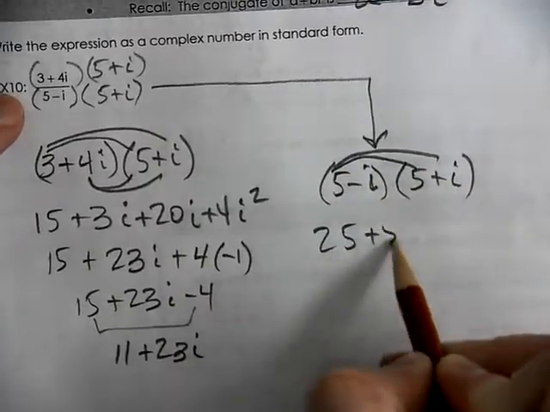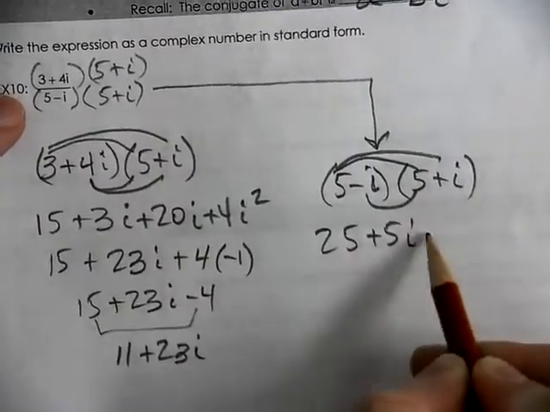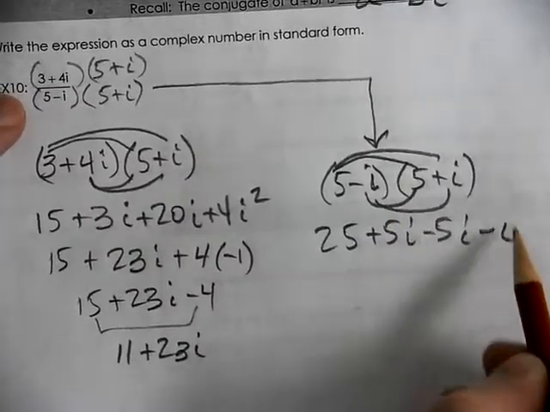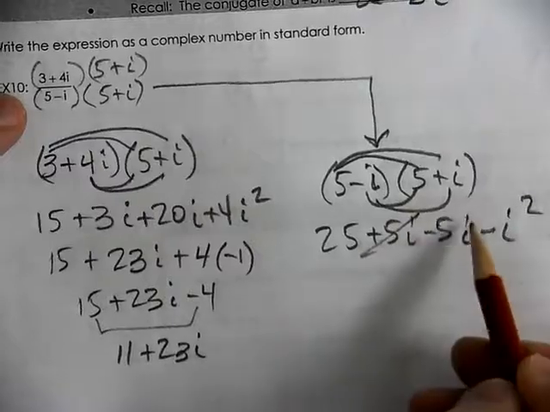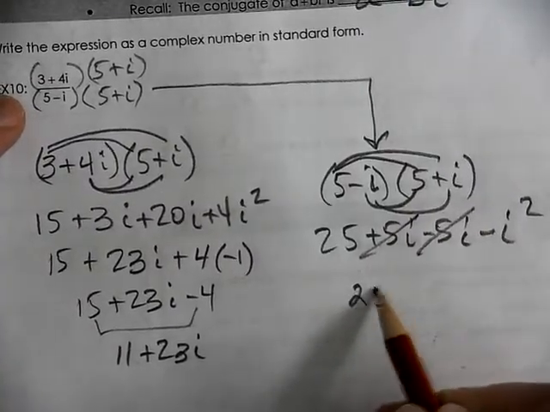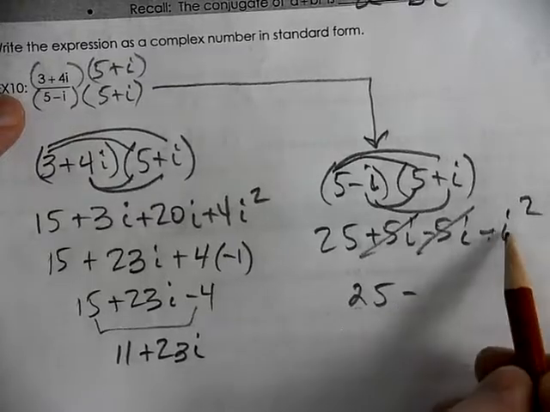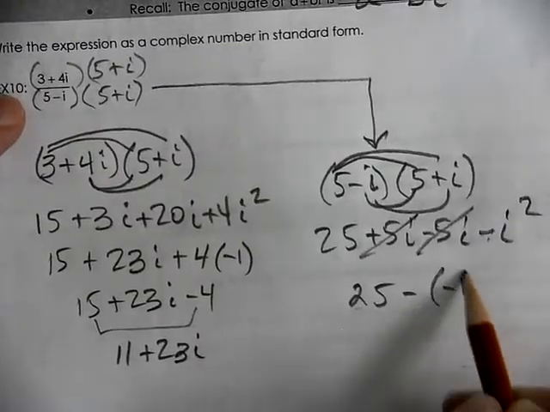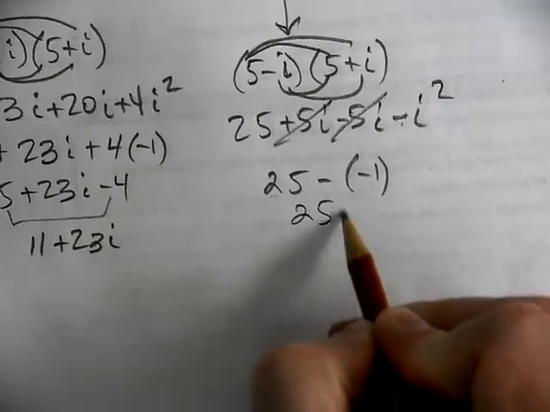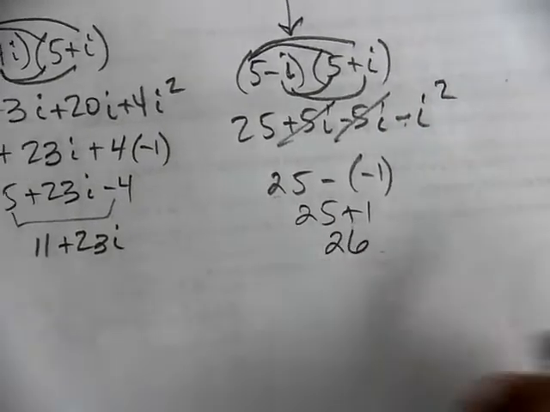But if you still need to see it happen, you're welcome to do that. So you get minus i squared. Those cross out. We know that we have 25 minus i squared, and i squared is negative 1. So that's actually going to make 25 plus 1, which is 26.